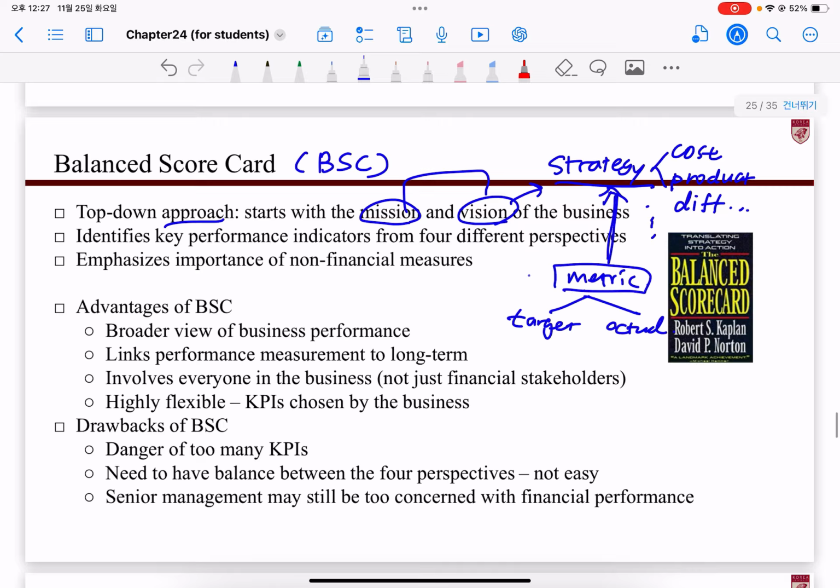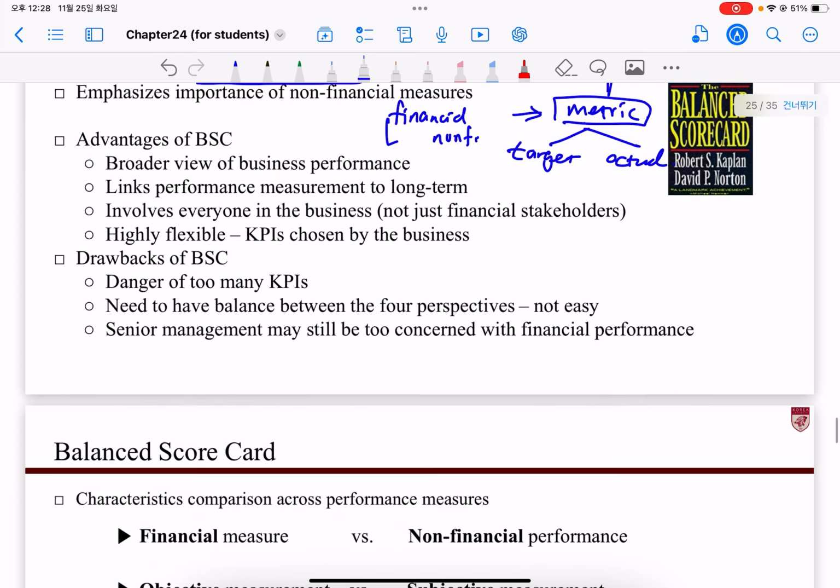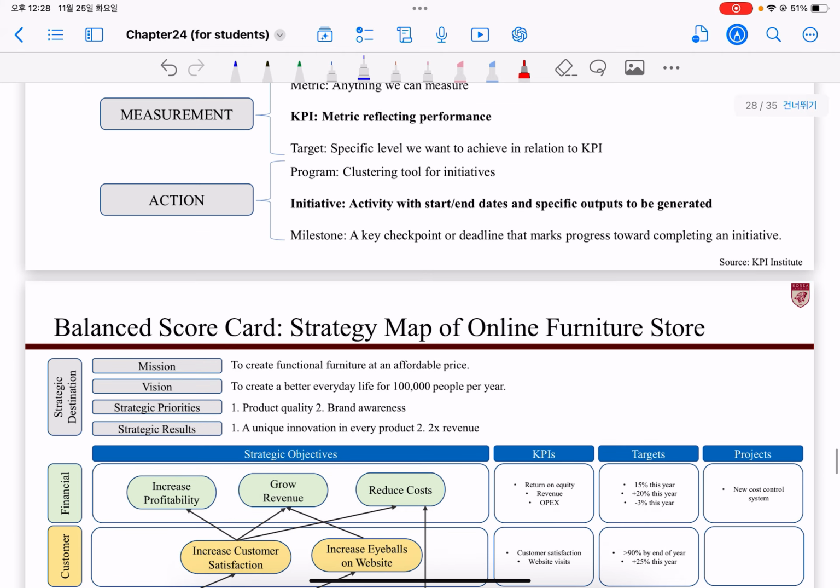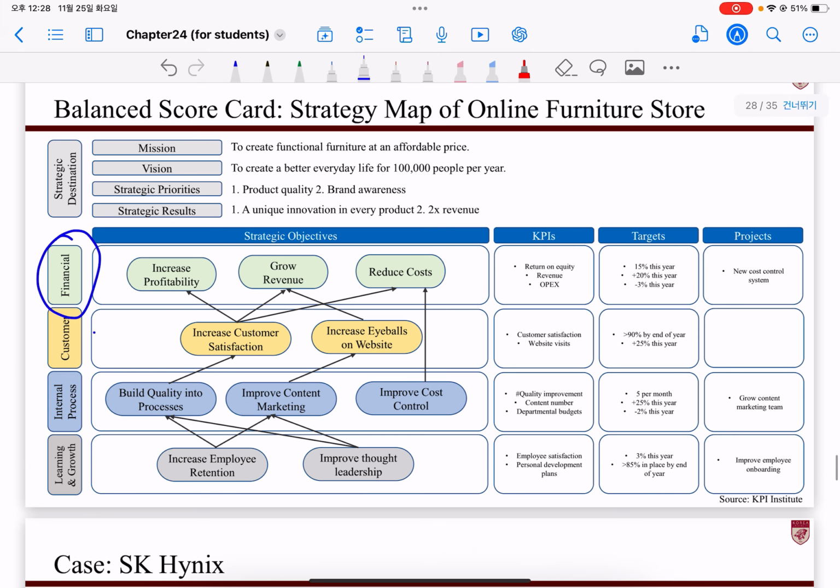So these metrics should be both based on financial and non-financial. And the performance indicators are coming from 4 different perspectives that we will learn below: financial, customer, internal process, and learning and growth.